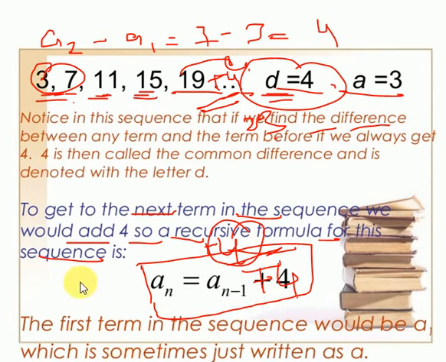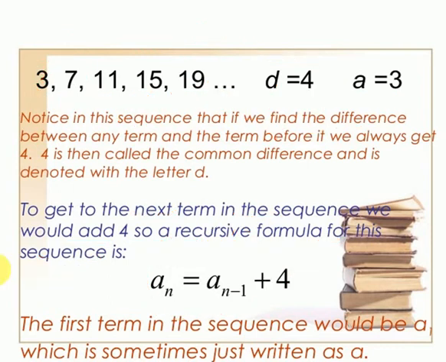So if I am asked to find the 15th term of this AP, how will I find it? an, a15, is equal to a(n minus 1), where n minus 1 means you have to take the previous term. Okay, so let me rub this first. Now this is our sequence, our arithmetic progression.